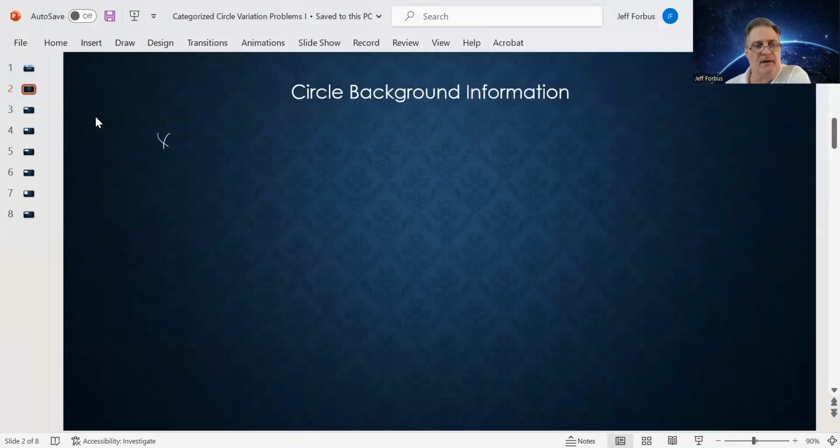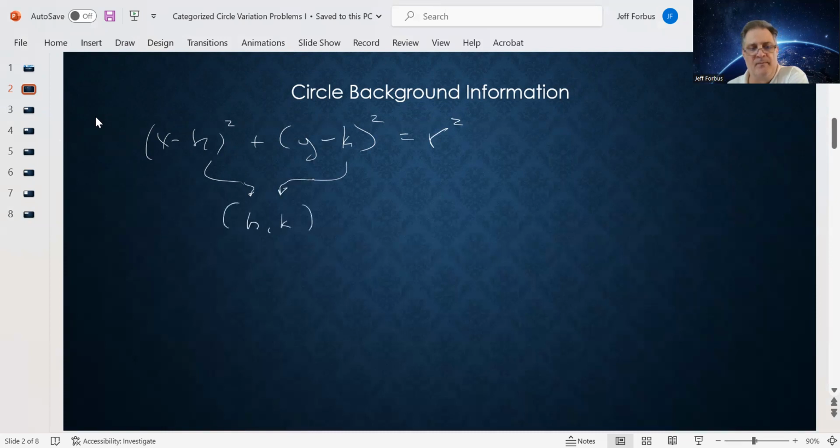Is this formula: x minus h squared plus y minus k squared is equal to r squared. This h value and this k value come together to create the coordinate pair for the center of the circle. That's really important.